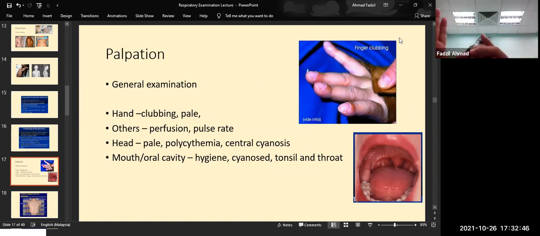Sorry, that is vocal fremitus. For chest expansion you have to anchor. Sorry, for chest expansion you have to use your thumb. So you use your thumb.